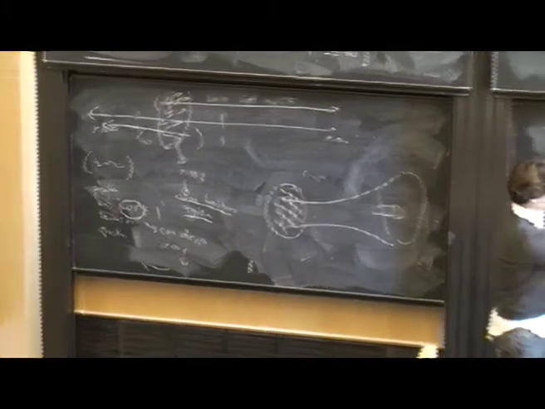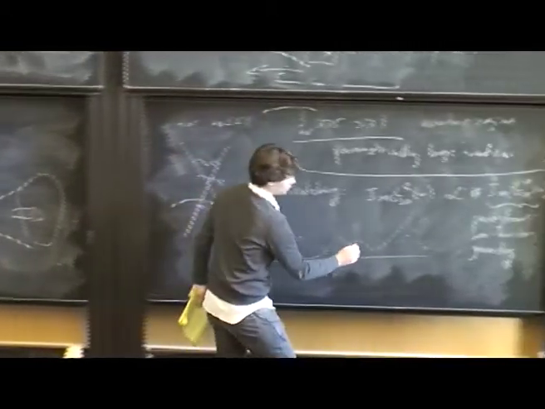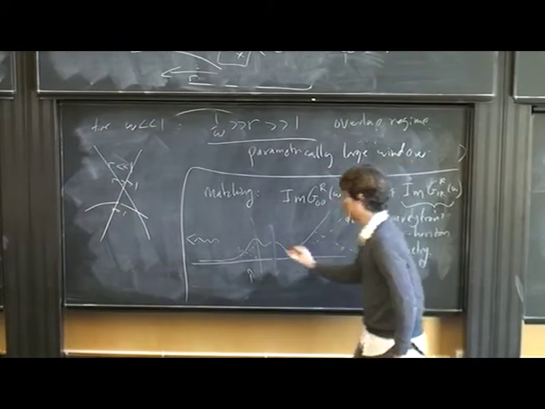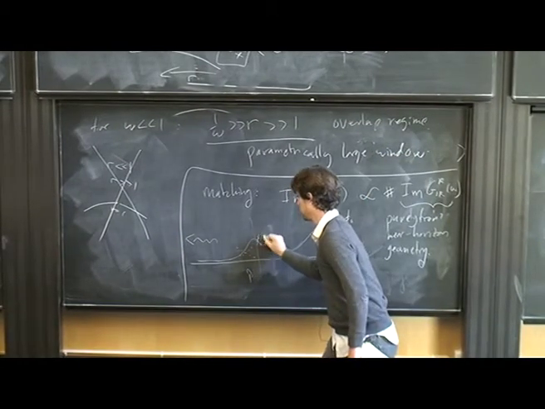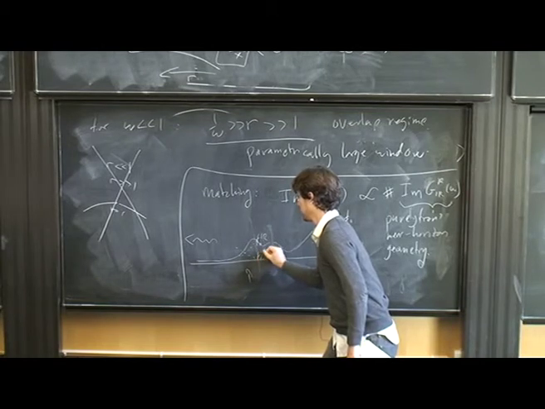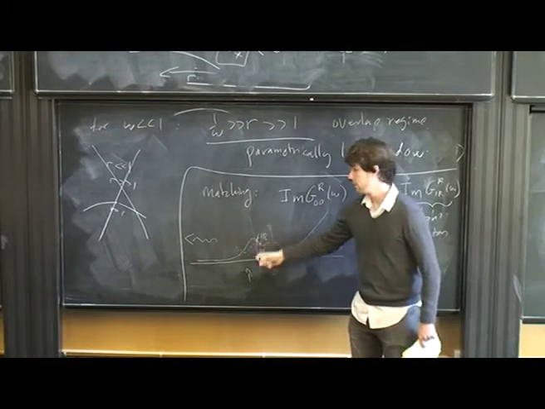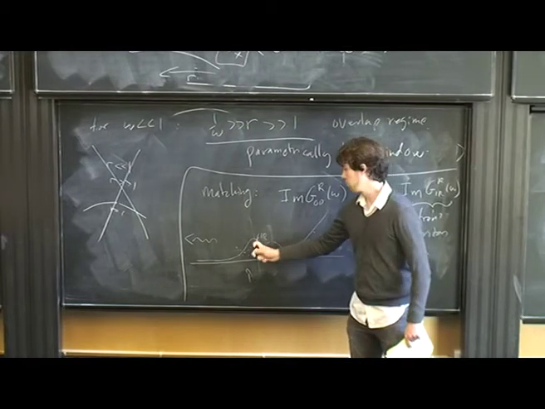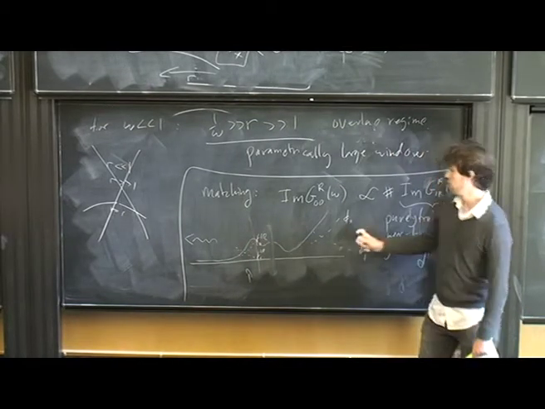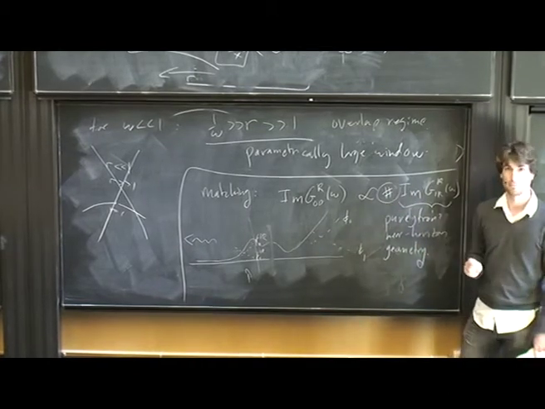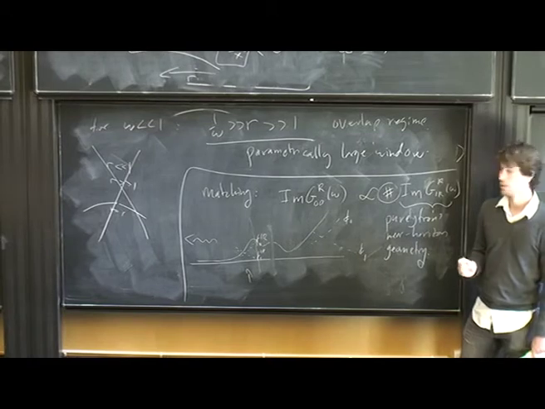Let's call this phi 0, phi 1, and this phi 0 IR and phi 1 IR. This retarded Green's function is the ratio of these two, and going from this ratio to that ratio, nothing interesting happens. It just gets multiplied by a constant.